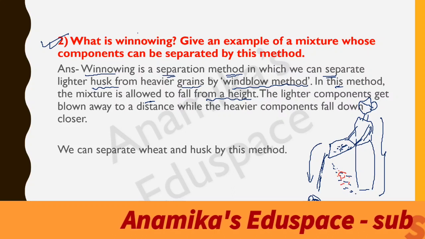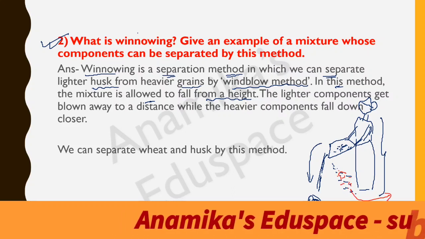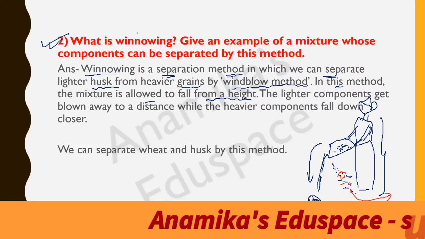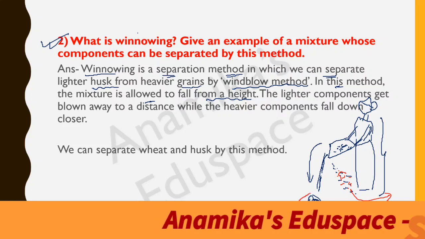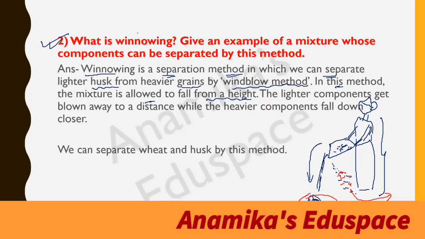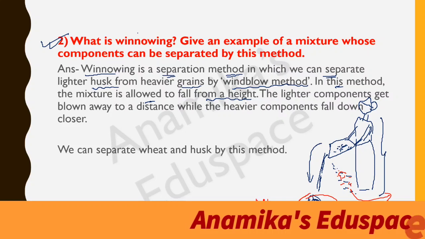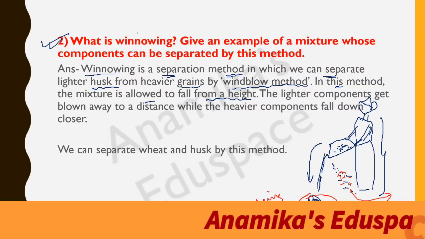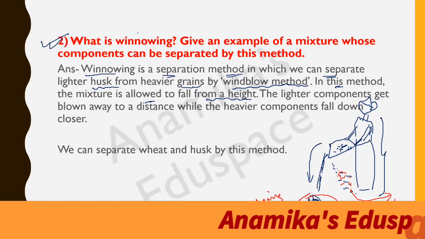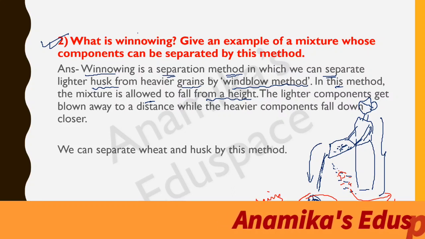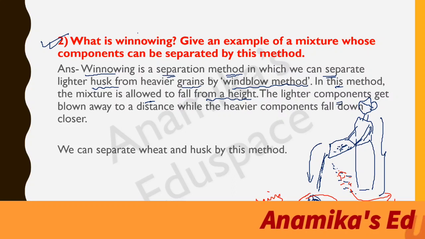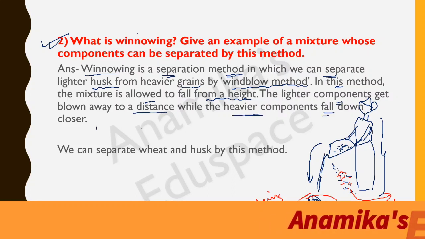You can see these husk particles blow away with the help of the wind, and the heavier particles settle down like this, and in this process we can get the pure grains and the husk particles separated from each other. Clear? Now the lighter components get blown away to a distance while the heavier components fall down closer.